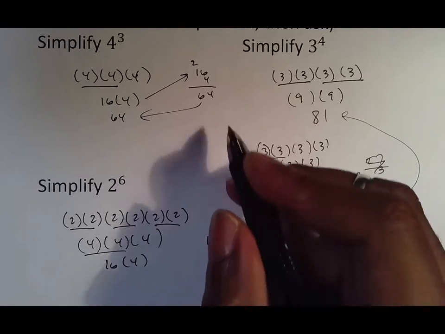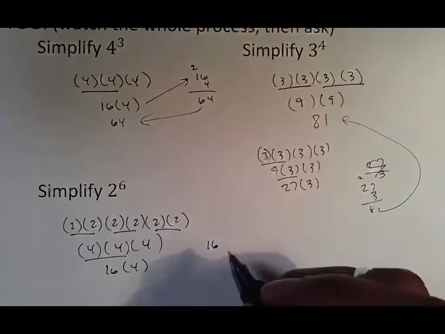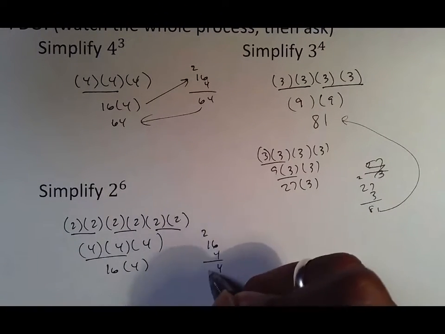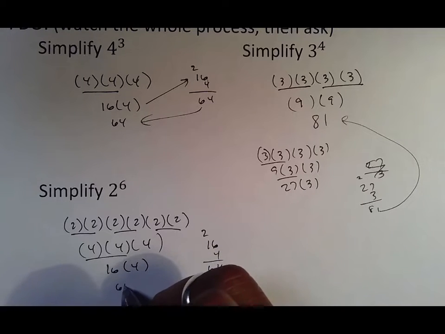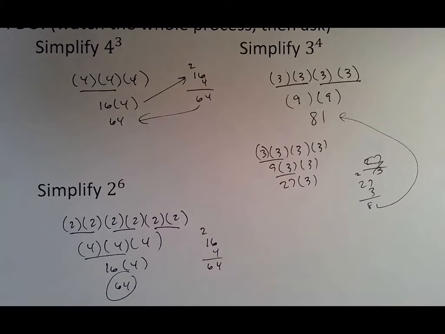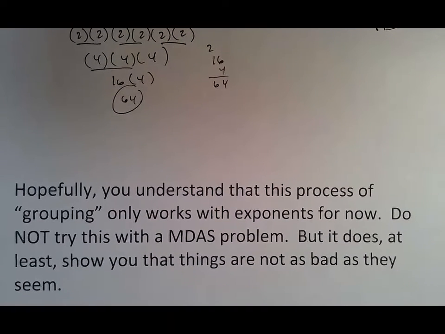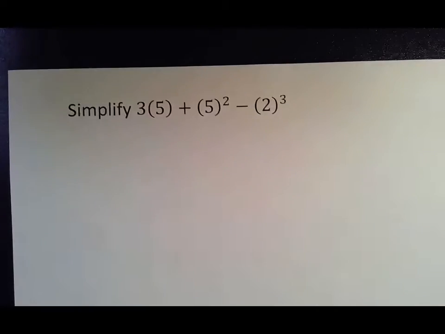Going off to the side, or using your notes, 16 times 4, 6 times 4 is 24, carry the 2, 6, which is 64. Hopefully you understand the process again of grouping only works with exponents. Do not try this with everything else that we've learned, but it does at least show you things aren't as bad as they seem whenever you get an exponent that's pretty high.